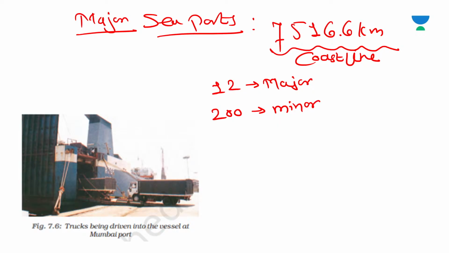So it caters to convenient handling of exports and imports, highly productive granary and industrial belt, stretching across the states of Jammu and Kashmir, Himachal Pradesh, Punjab, Haryana, Rajasthan, and Gujarat. See the picture which showing the trucks being driven into the vessel at Mumbai port.